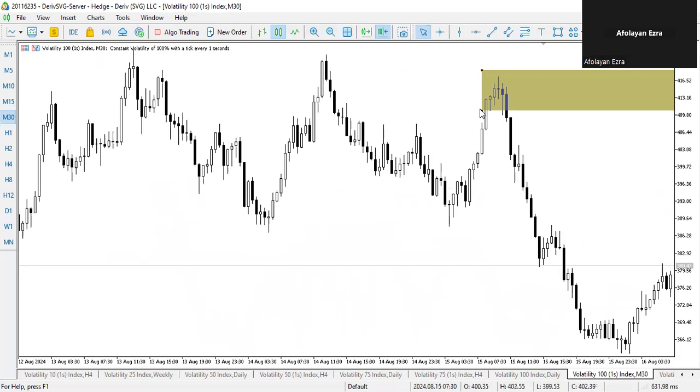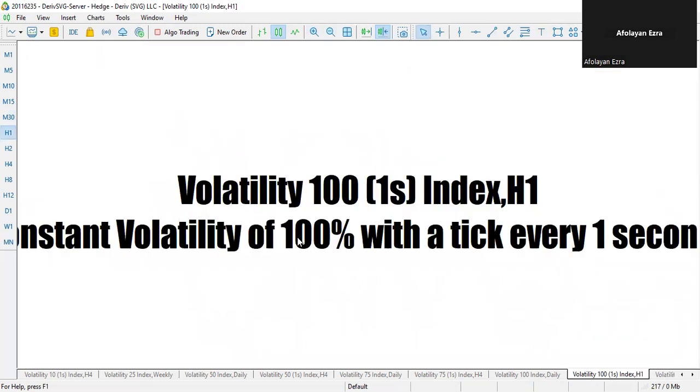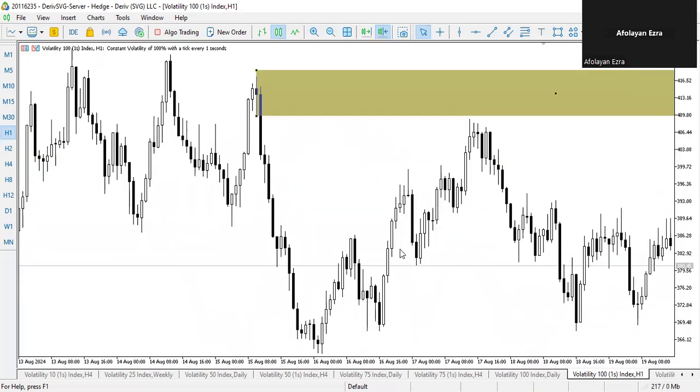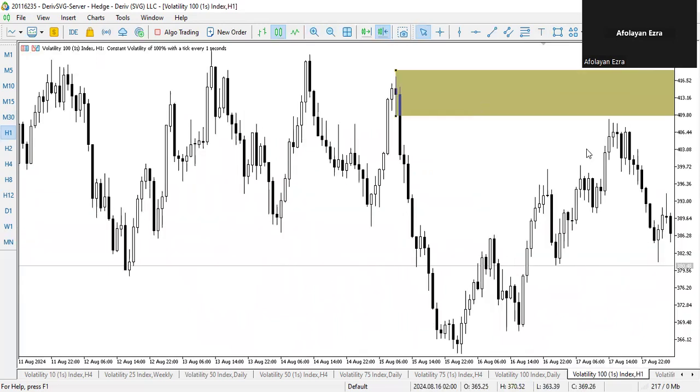Let me show you on M1. I think it's clearer on M1. So on M1, see what we have, and that's how it is.